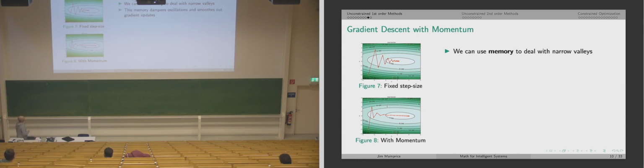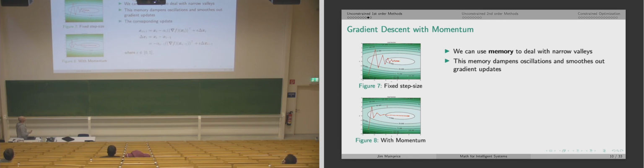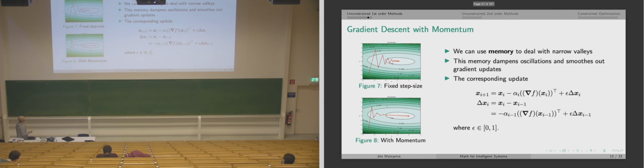The idea is to dampen the oscillations. You remember from the differential equation lecture, damping means, if your system is not damped, then you oscillate. And if your system is damped, you don't oscillate. This is exactly what is being implemented in momentum methods.